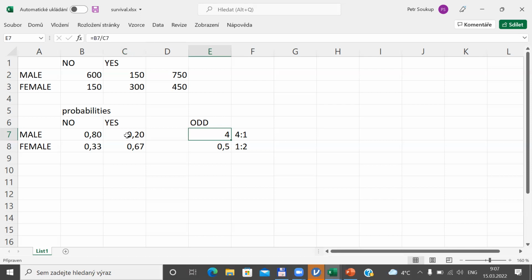Now take into account that this very long axis will have, for analytical reasons, the middle at the value 1. If the value of the odds is 1, it means that the probability of no and yes, or 0 and 1, would be the same.